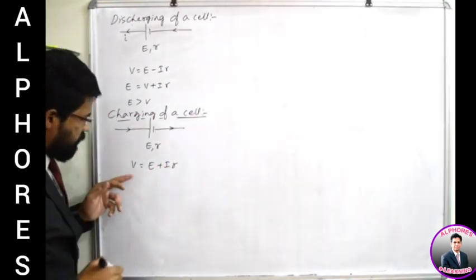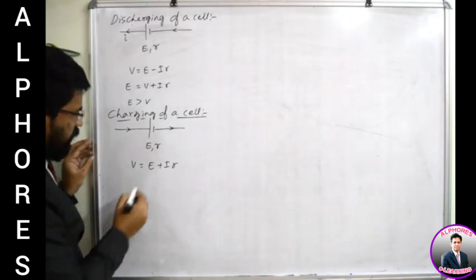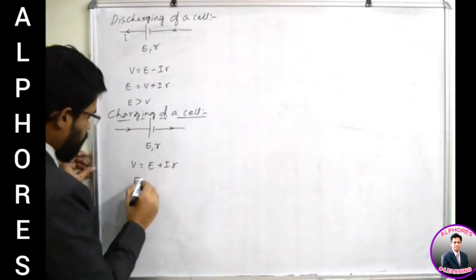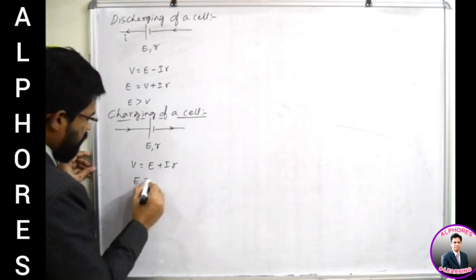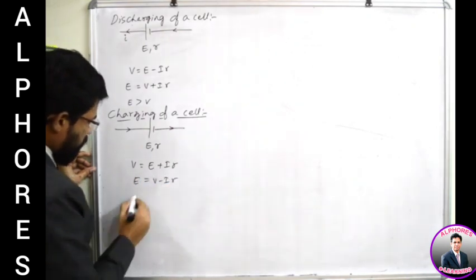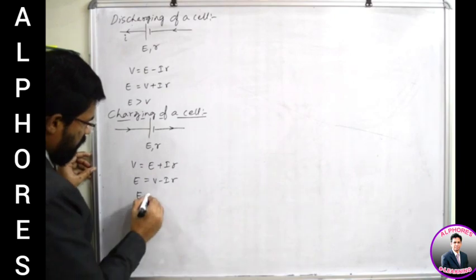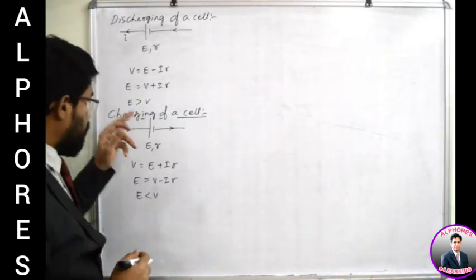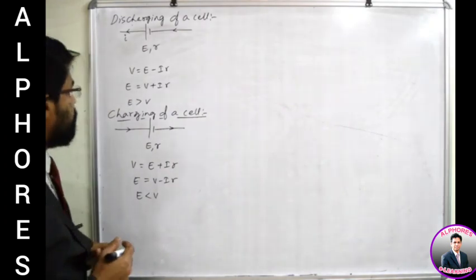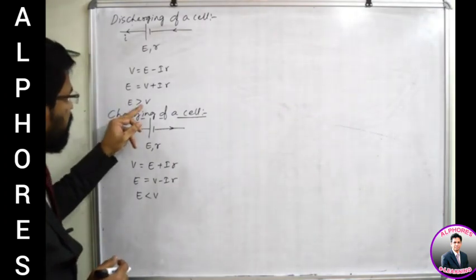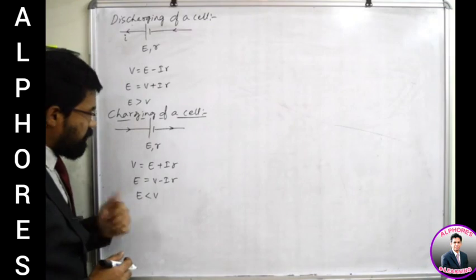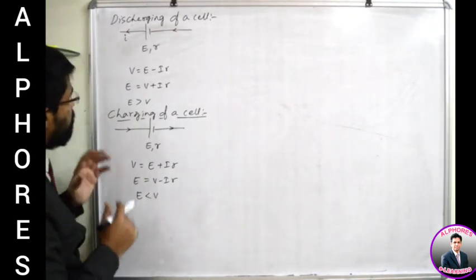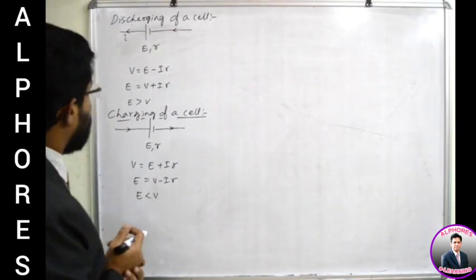In case of charging, V is written as E plus Ir, and if we compare E with V, E can be written as V minus Ir. Therefore, E is less than V. In the previous case, E is greater than V. So when discharging of a cell is taking place, EMF will be greater than terminal potential. When charging of a cell is taking place, EMF will be less than terminal potential. These are two important key points.